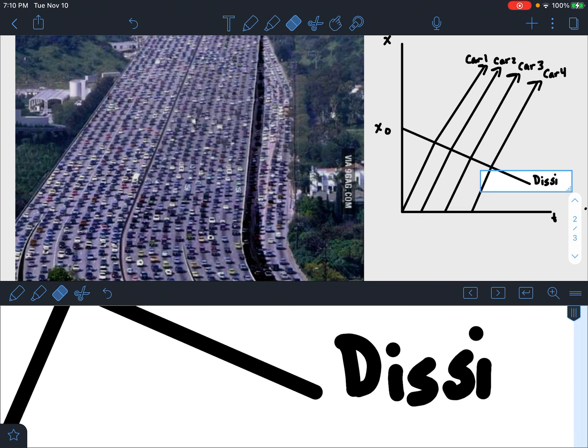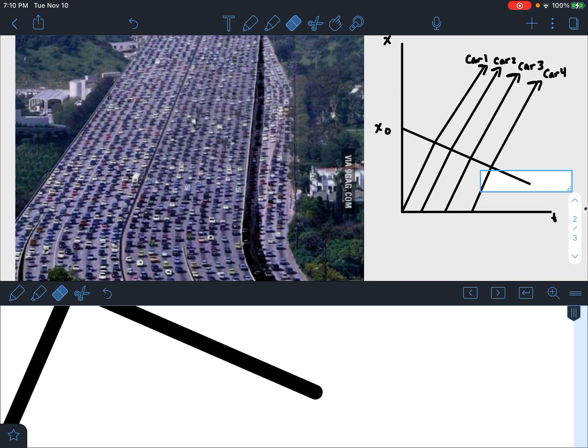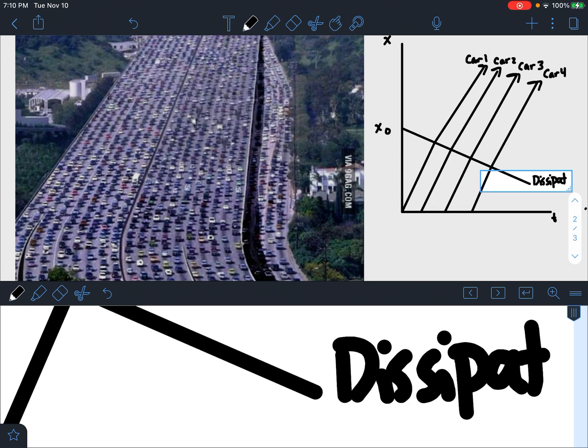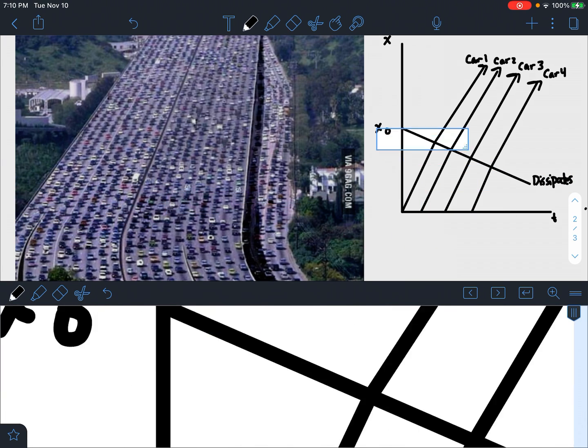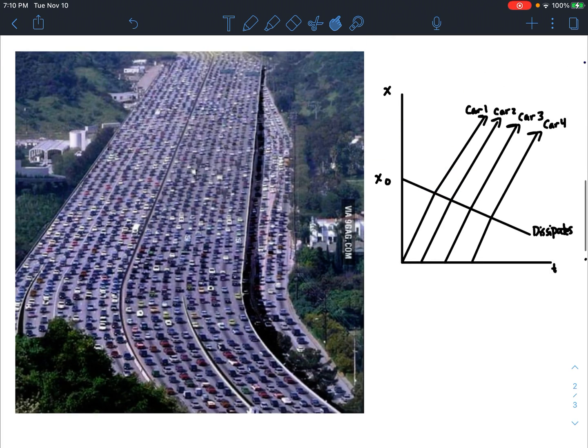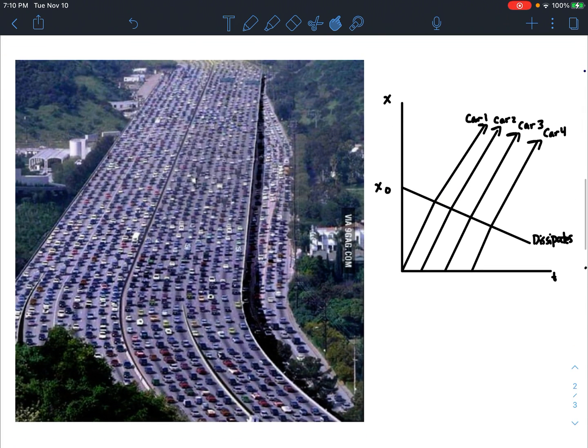This is when the jam dissipates. Sorry, I couldn't talk. When it dissipates, and we have an initial point there. So that's when the jam dissipates, and as the cars keep going on and on, that graph is using... the time is decreasing.